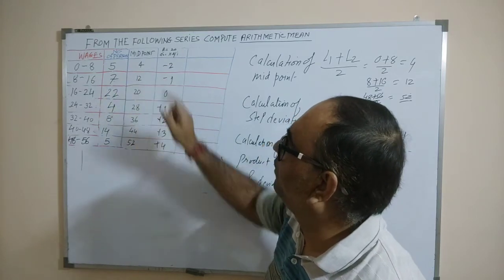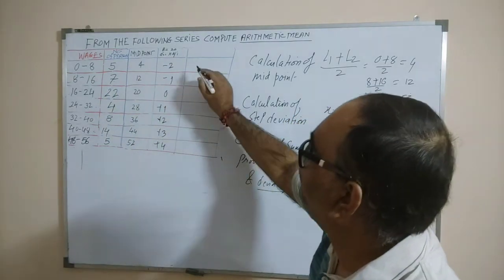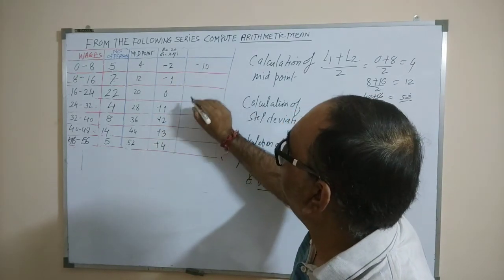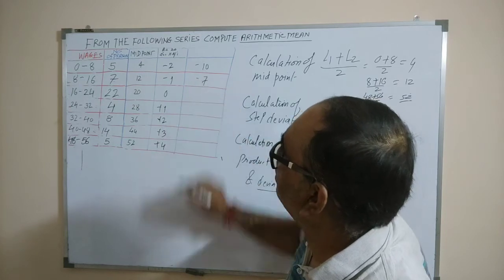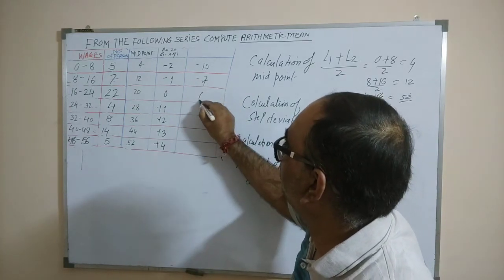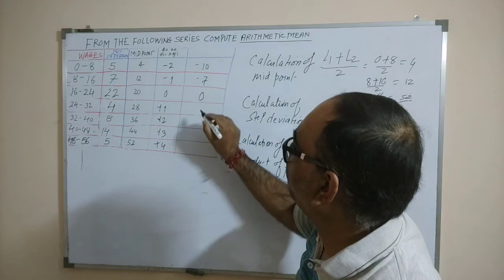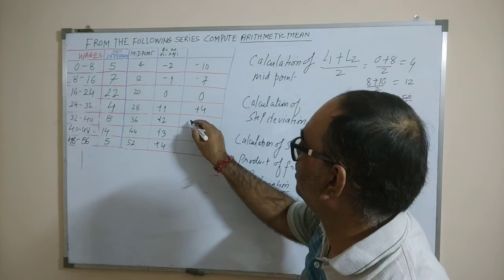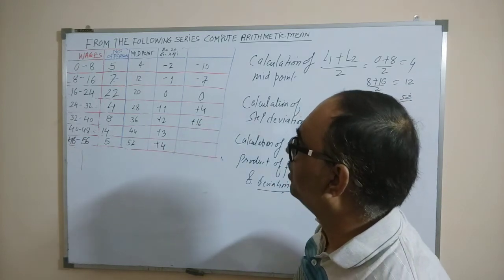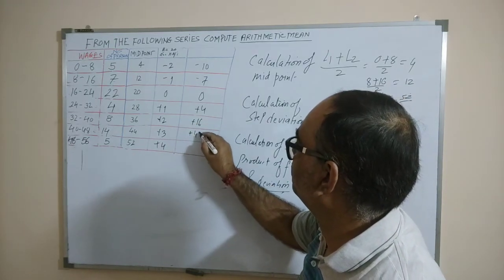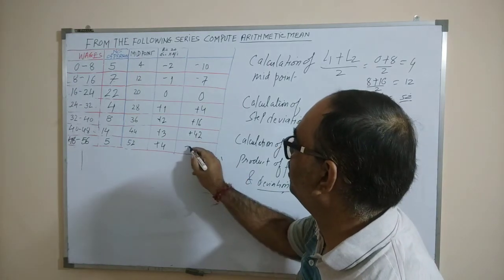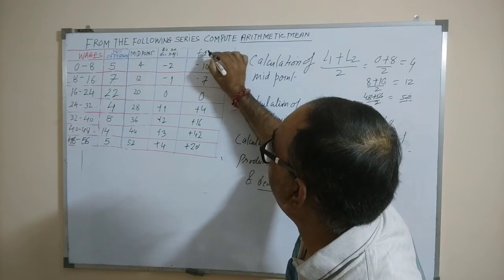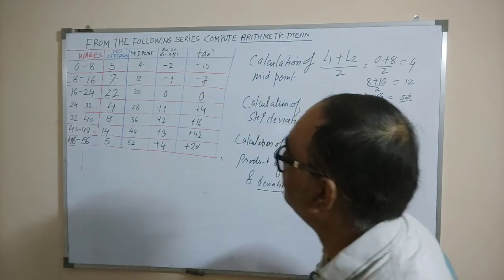Starting: 5 into minus 2 is minus 10. 7 into minus 1 is minus 7. 22 into 0 is 0. 4 into 1 is plus 4. 8 into plus 2 is plus 16. 40 into plus 3 is plus 42. 5 into plus 4 is plus 20. We represent this by f d x dash.